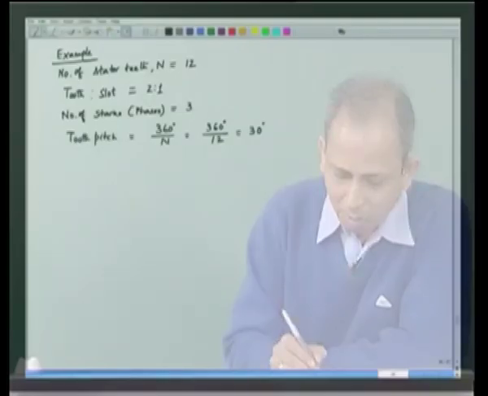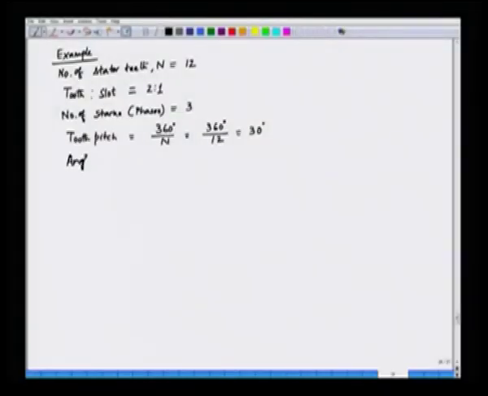The angle of offset is equal to 360 divided by N into M, that is 360 divided by 12 into 3, where M is the number of stacks. What you obtain here is 10 degrees.